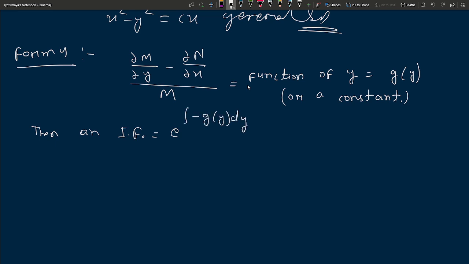Remember this: e to the power integration of minus g(y) dy. Okay, so let's solve an example.